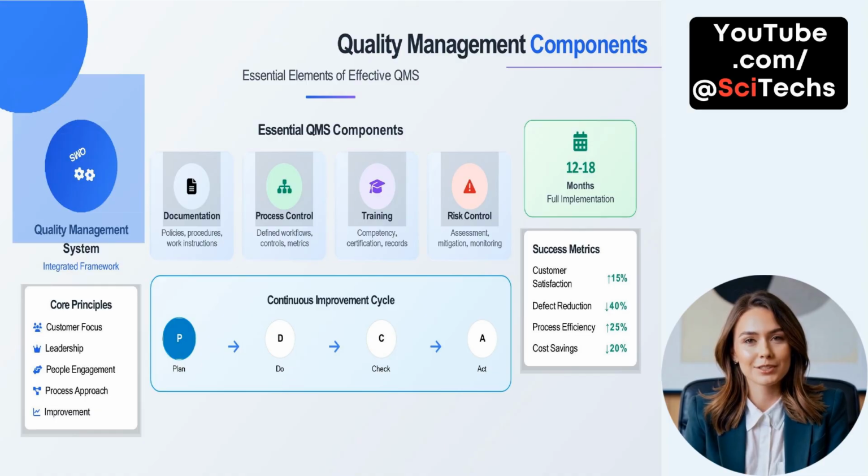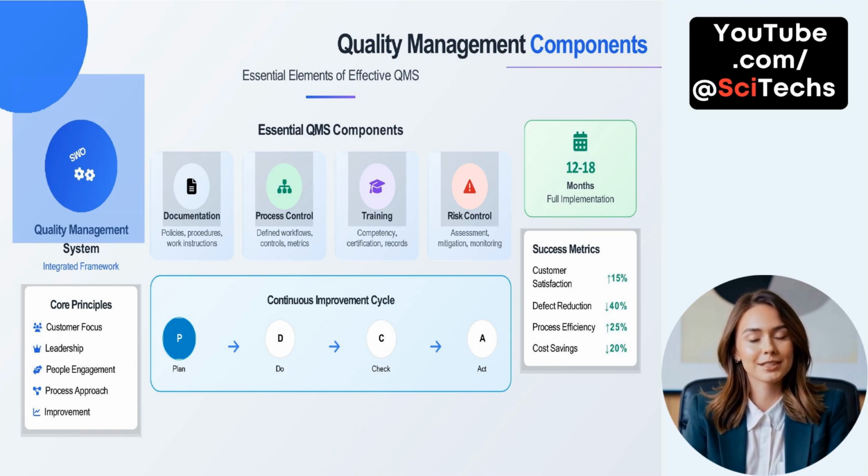Documentation includes policies, procedures, and work instructions that standardize operations. Process control ensures workflows are well defined with clear controls and measurable metrics. Training guarantees workforce competency through certifications and up-to-date records. Risk control involves assessing potential issues, mitigating them proactively, and monitoring them continuously.